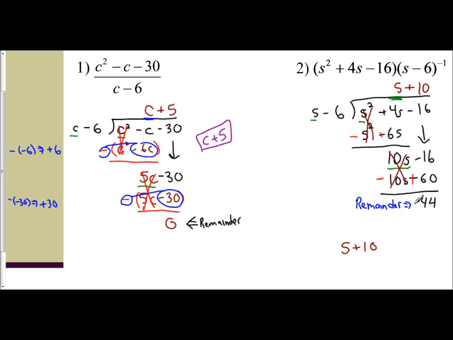The remainder means you have 44 over what you divided by, still there, still remaining. And so since that's a positive 44, I'm going to do a plus 44 over, what did I divide by? My binomial s minus 6. And so my final answer is s plus 10 plus 44 over s minus 6.